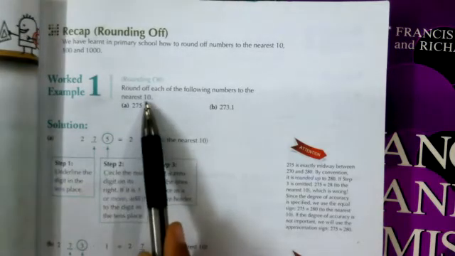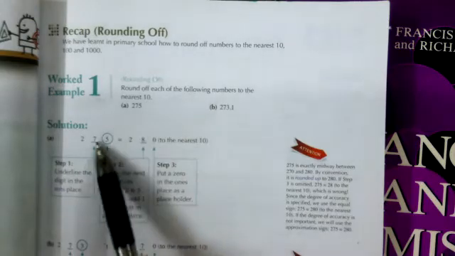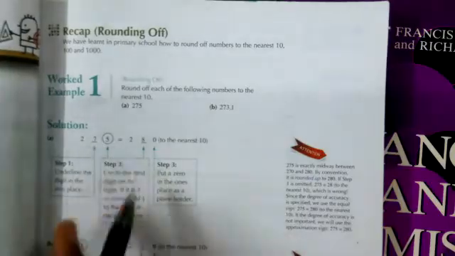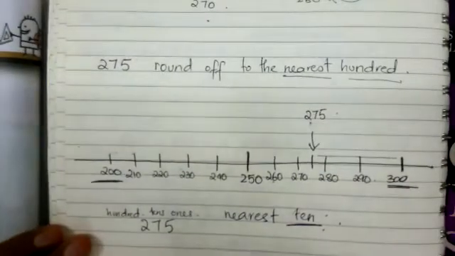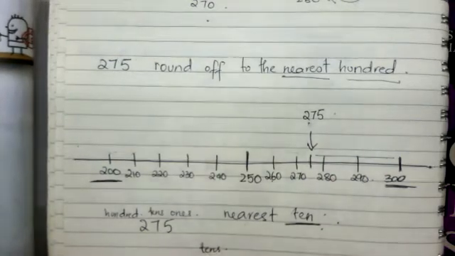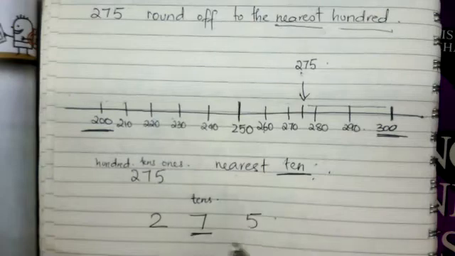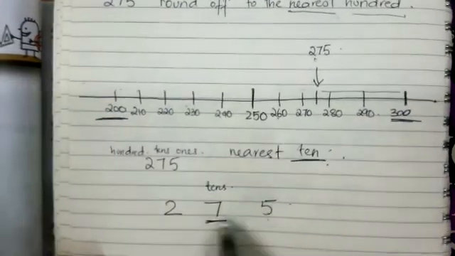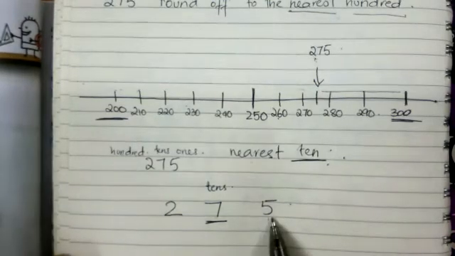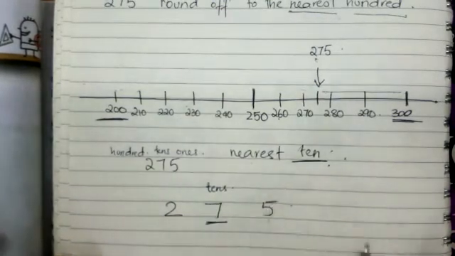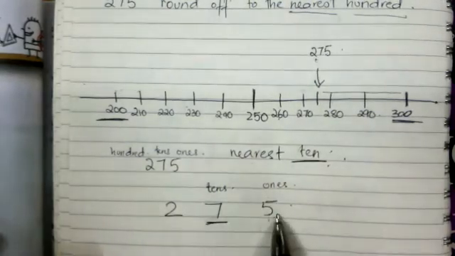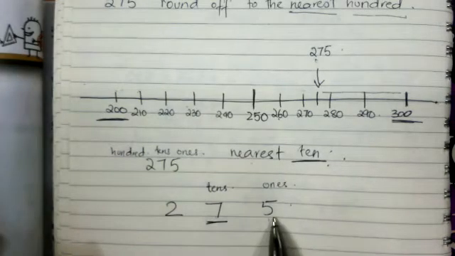Because the question is asking you to round off to the nearest 10, we will pay attention to this digit, the tens digit. And then we will look at the digit which is right next to it on the right hand side, in this case the ones digit.